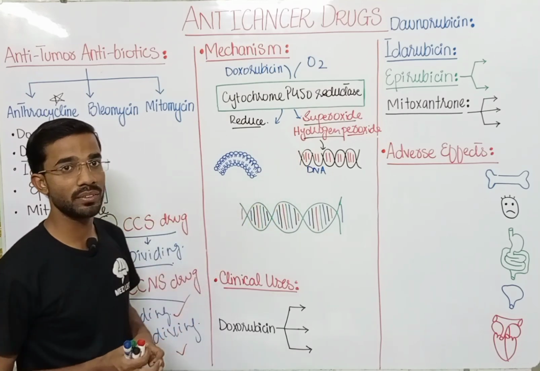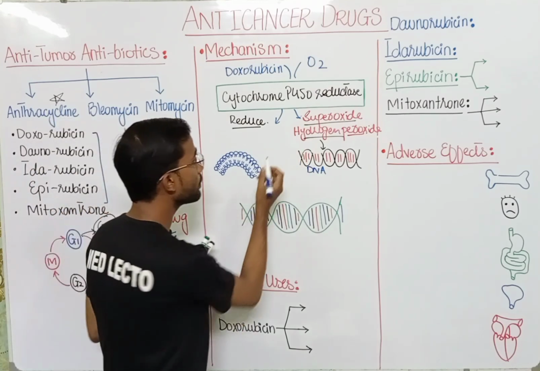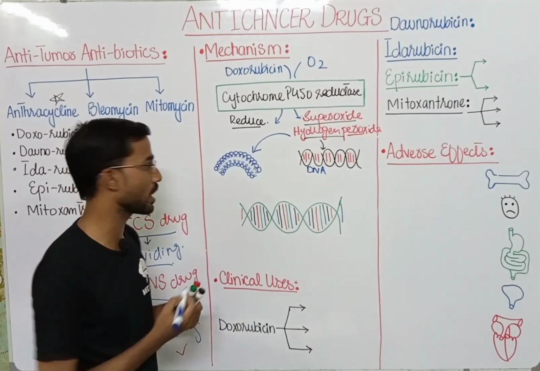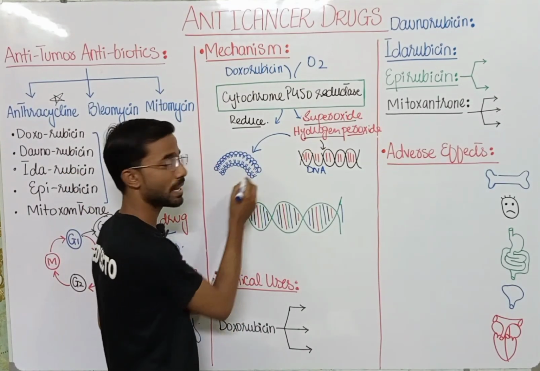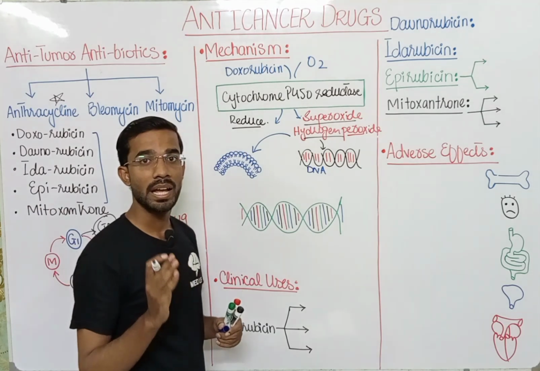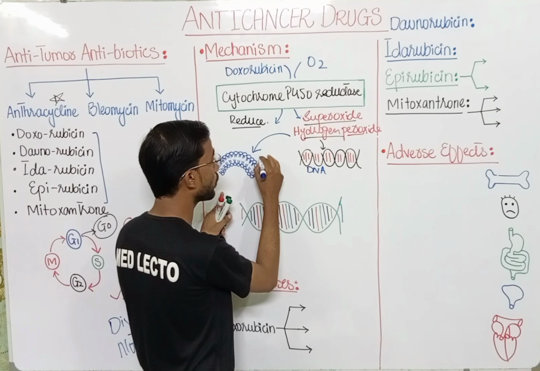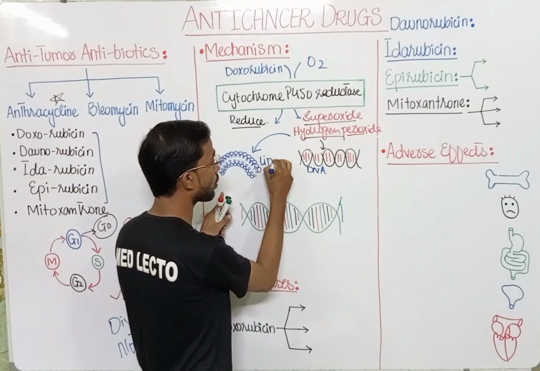Second function of these free radicals, they will actually cause lipid peroxidation. Actually you will see the cell membrane having lipids, and these lipids go towards lipid peroxidation.